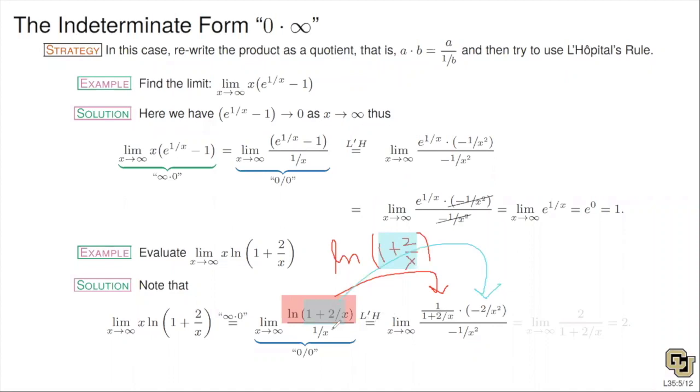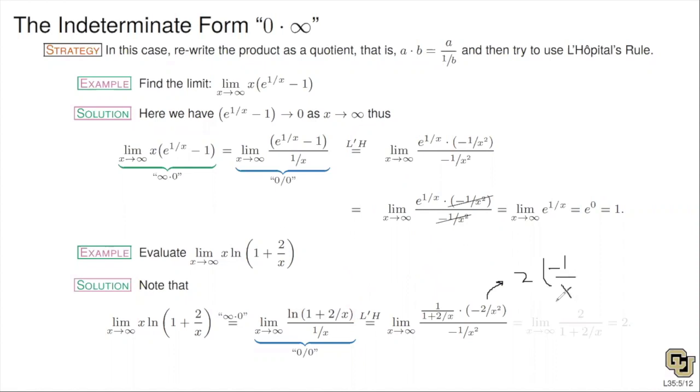In the denominator, 1 over x is just x to the minus 1. Derivative of x to the minus 1 is minus x to the minus 2, or minus 1 over x squared. And now we can do some algebra. Here, negative 2 over x squared, that's the same as 2 times negative 1 over x squared. And there's a negative 1 over x squared in the denominator. So I can cancel the negative 1 over x squared.